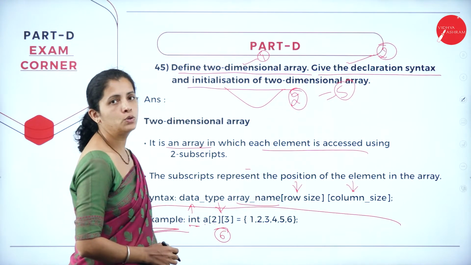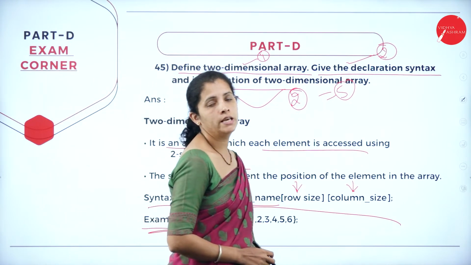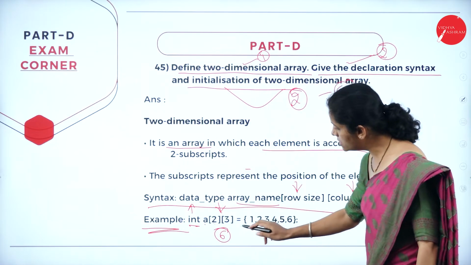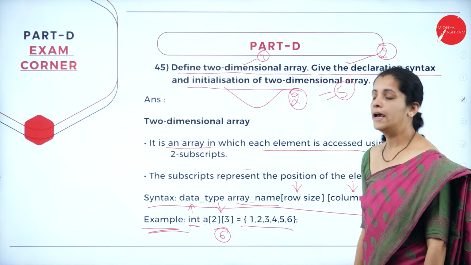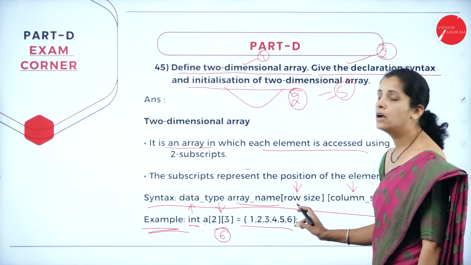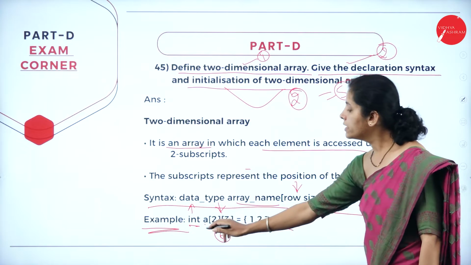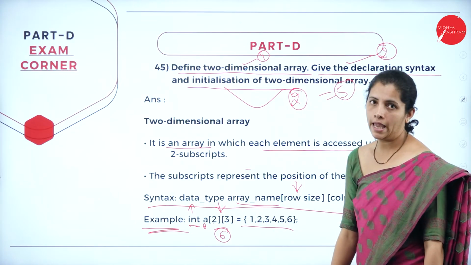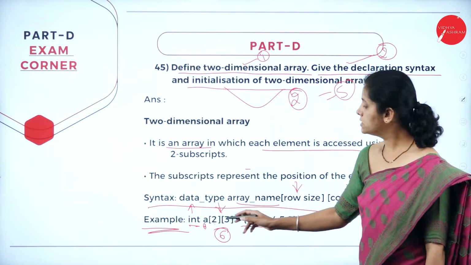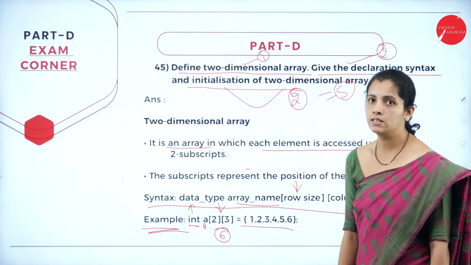I can store 6 elements. Now, this is the initialization. Directly, I am going to assign 1, 2, 3, 4, 5 and 6 to an array named A, and what is the size? 2 into 3. So, it is nothing but the matrix representation.